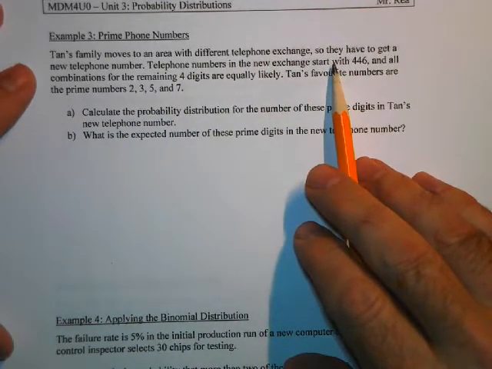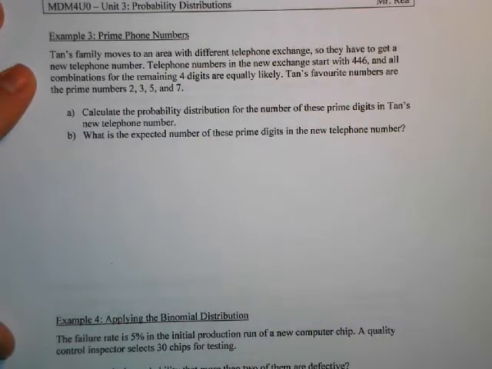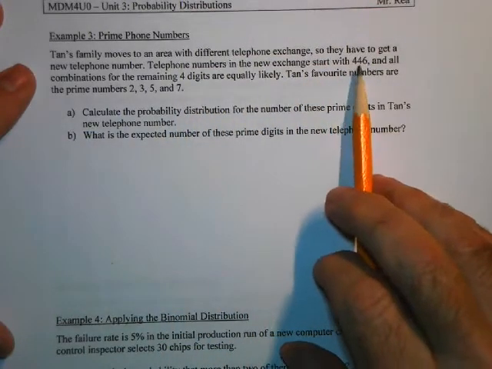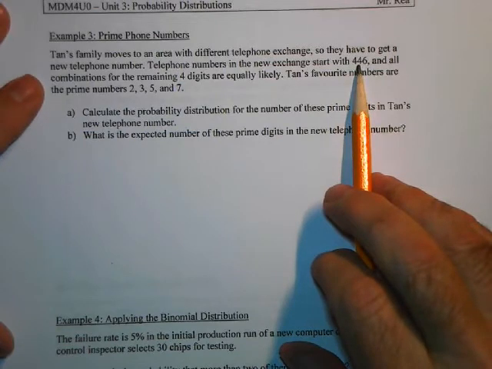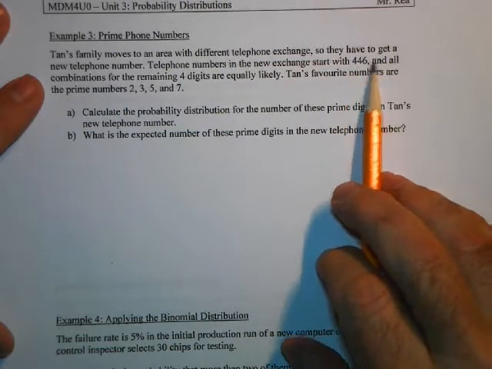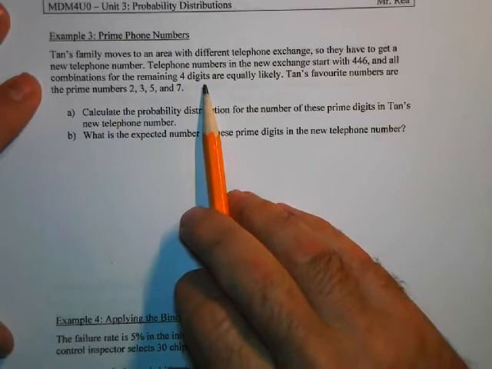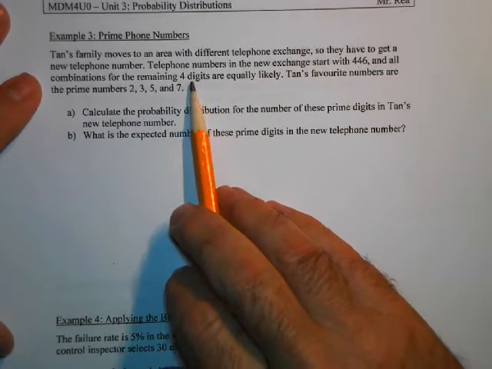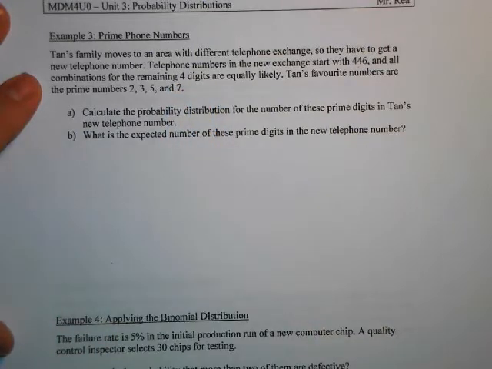I don't think that's true anymore, but this makes a good question. Telephone numbers in the new exchange start with 446, so it'll be 446 followed by 4 numbers, and it's saying here you have an equal likelihood of getting any of those 4 digits to be anything from 0 to 9.